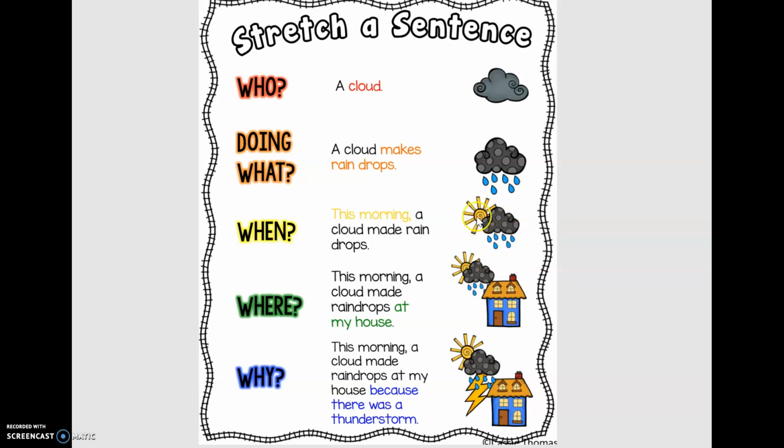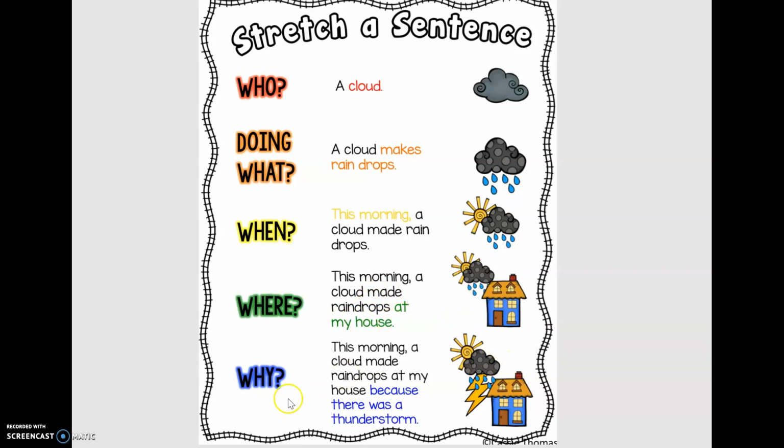Kind of feels like it's the morning time, right? So let's see. This morning, a cloud made raindrops. Very nice. The next question we're going to look at is where, right? And if you look at the picture, you see a house. This morning, a cloud made raindrops at my house.